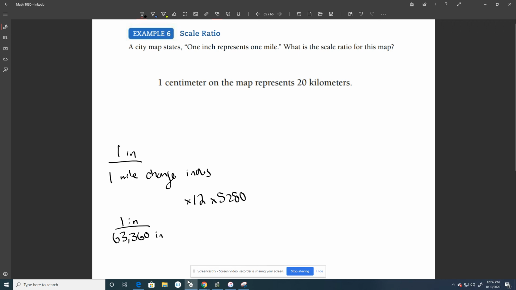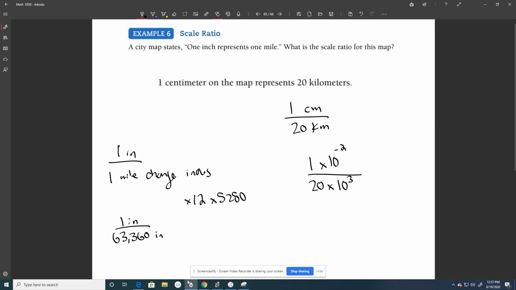Now, working with other systems outside the US, it gets a little bit easier. For example, 1 centimeter on a map represents 20 kilometers. So I can just write 1 centimeter is equal to 20 kilometers. If I change this into our distance notation, a centimeter represents 10 to the negative 2 power. Kilometers, if you remember that diagram from a few days ago, represents 10 to the 3rd power.